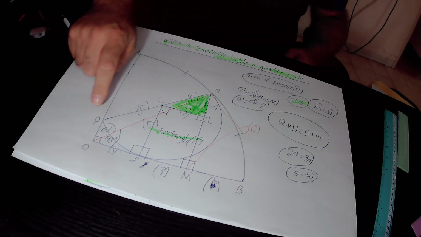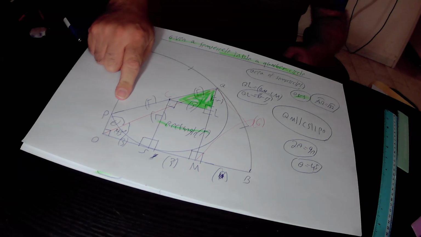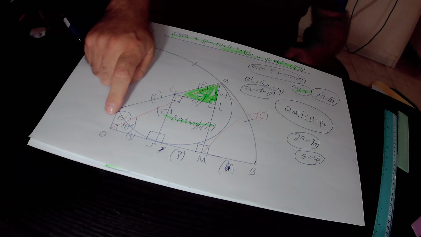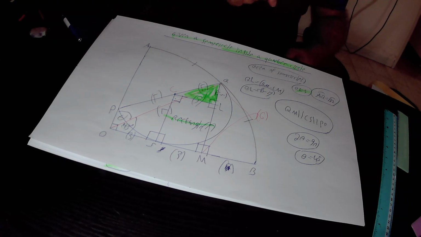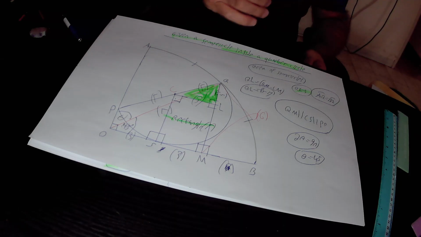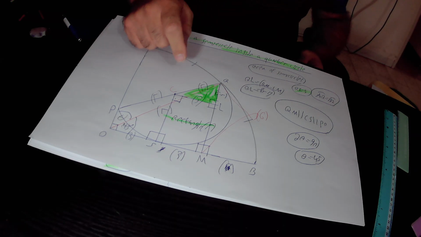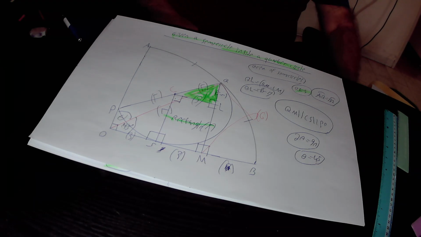Line segment QP connects those three parallel lines. Likewise, line segment OM also connects those three parallel lines. For that reason, you can implement this theorem in our drawing.